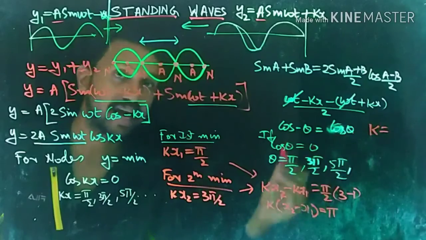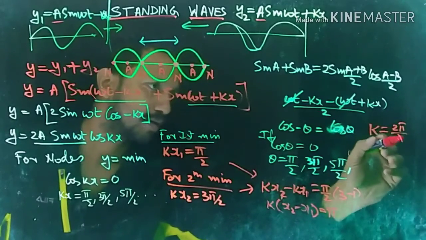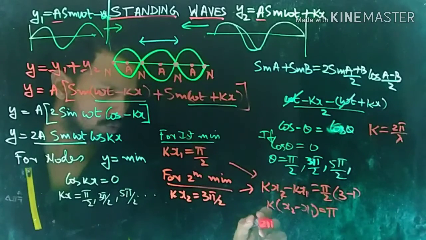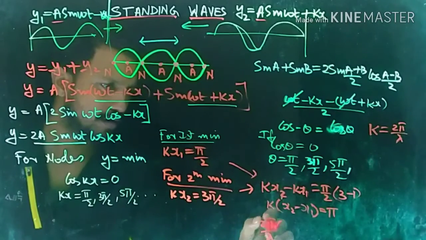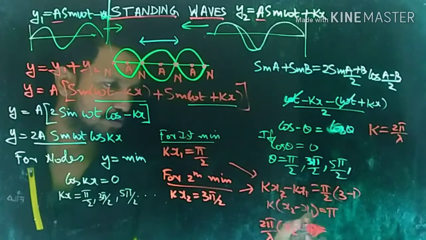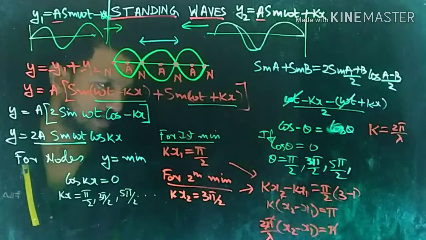And you already know the value of k. K is the angular wave number and the value of k is 2 pi by lambda. Since the value of k is 2 pi by lambda, I could write 2 pi by lambda into x2 minus x1 is equal to pi. Pi and pi will get cancelled.